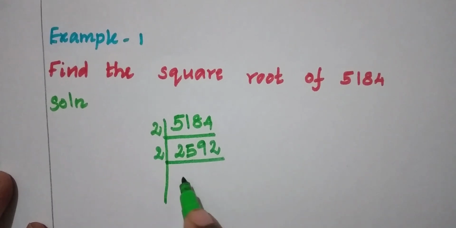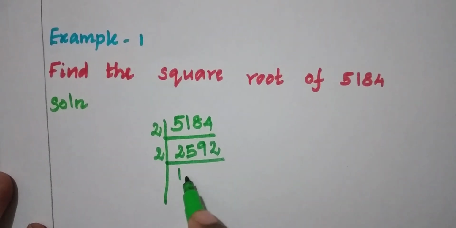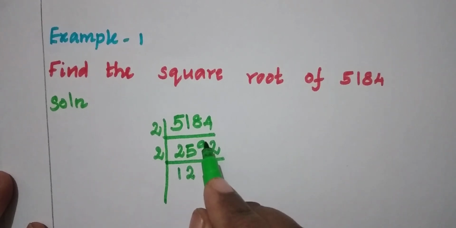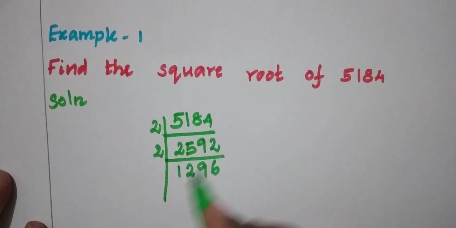Again do it with the 2 table. 1 2 is 2, 2 2s are 4, remaining 1, 9 2s are 18, remaining 1, 6 2s are 12.